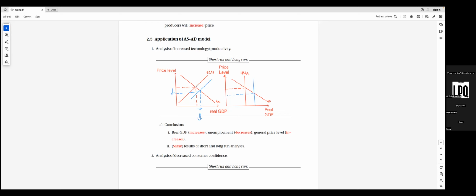Okay, so this one is E number one, this one is E number two. So on the right hand side, GDP increases, unemployment rate decreases, and price level decreases.